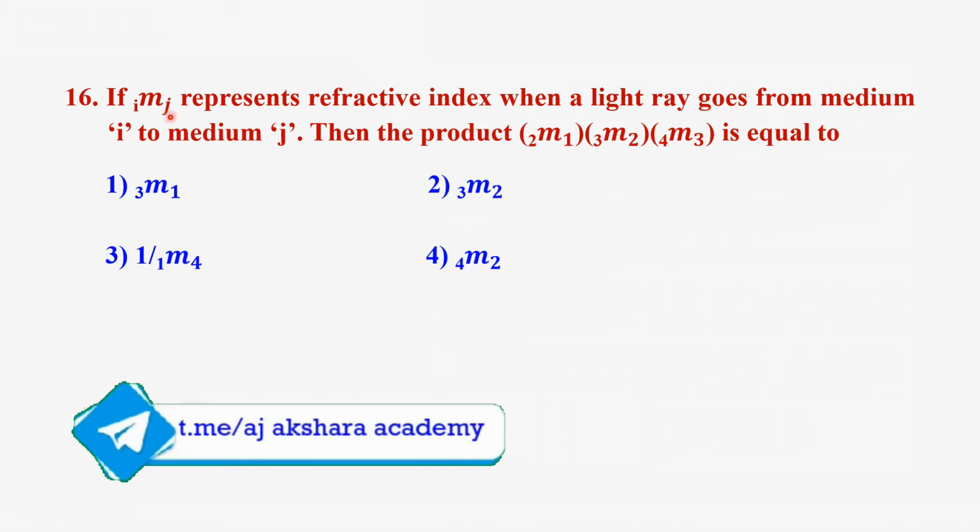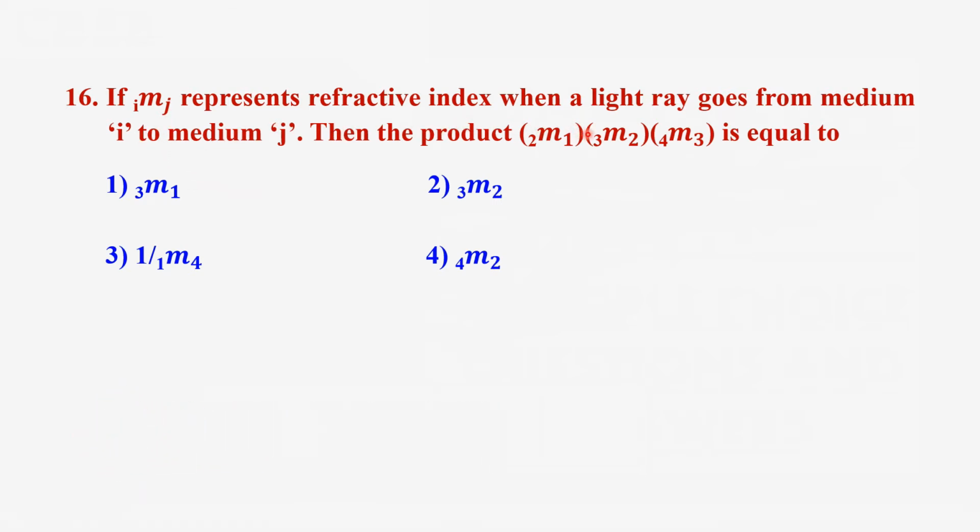So here Mij represents the refractive index of a light ray travelling from medium I to medium J. Then the product is equal to 1 by M14. Okay, the third option is correct.